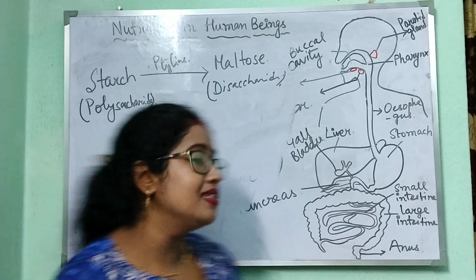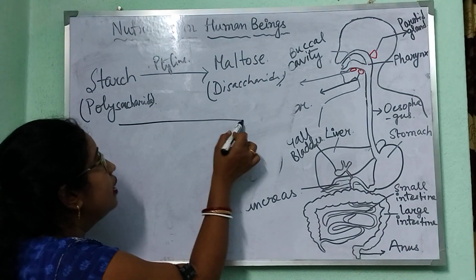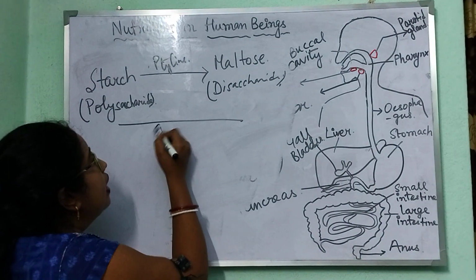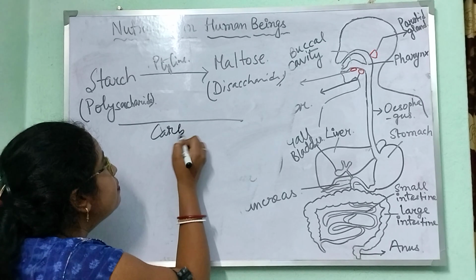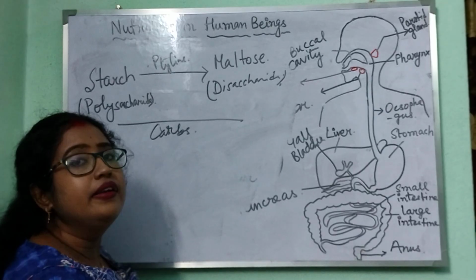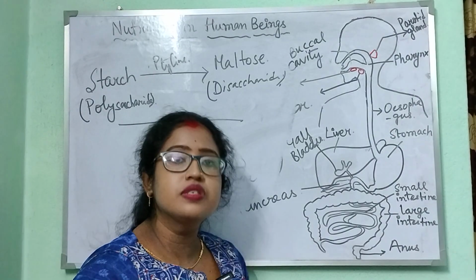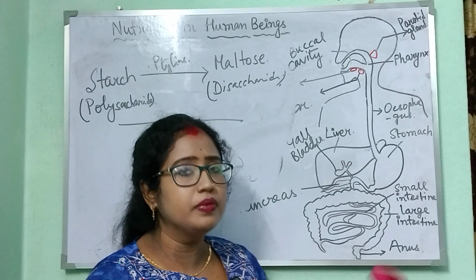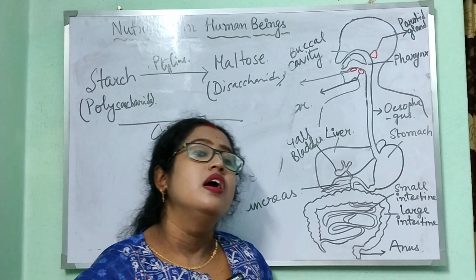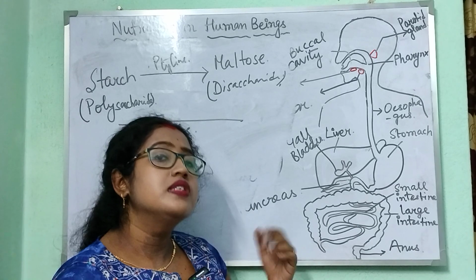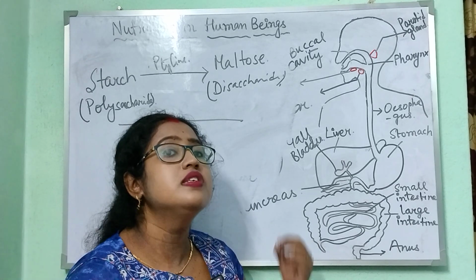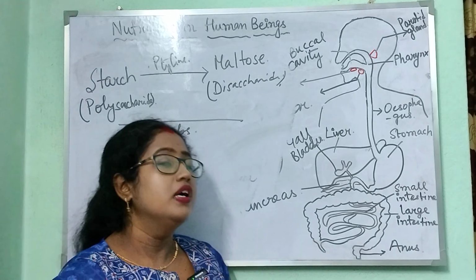Firstly, it digests the sugar content or the carbohydrate. It starts the process of breaking down carbohydrate type of food material, means it starts the digestion of the starch or the carbohydrate.